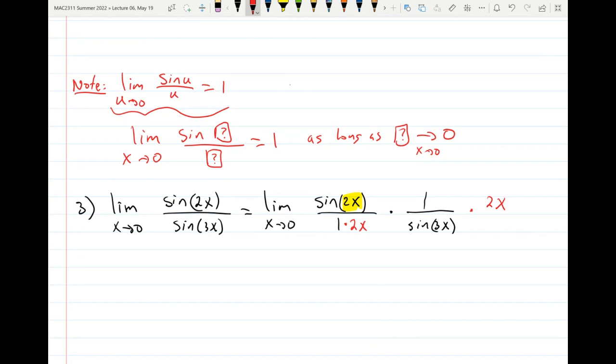Okay, so now for the other fraction, I have a 3x here. Remember, it doesn't matter whether we have it in the denominator or numerator. Actually, the original one that we proved was x over sine, not sine over x, okay? So I just need to have a 3x on top, right? So let's do the same thing. If I put a 3x here, then I will have to divide by that.